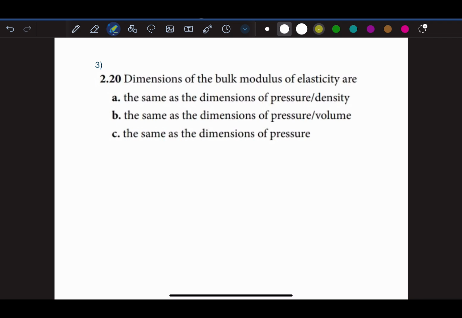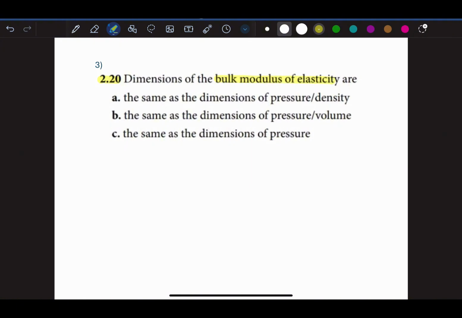Okay, we can continue with question 3. This is 2.20. Dimensions of the bulk modulus of elasticity are the same as the dimensions of pressure, density, pressure and volume, or only pressure.